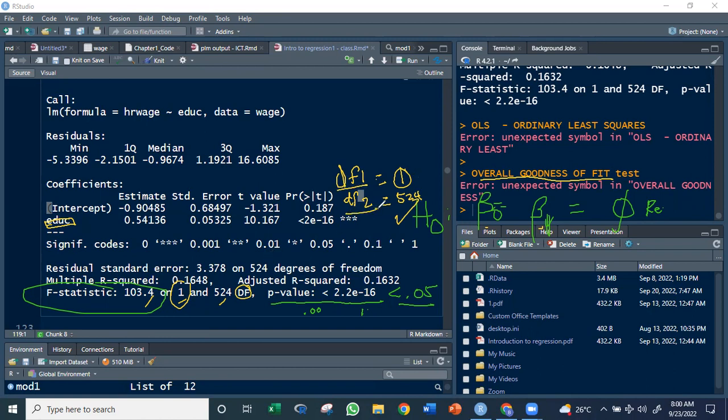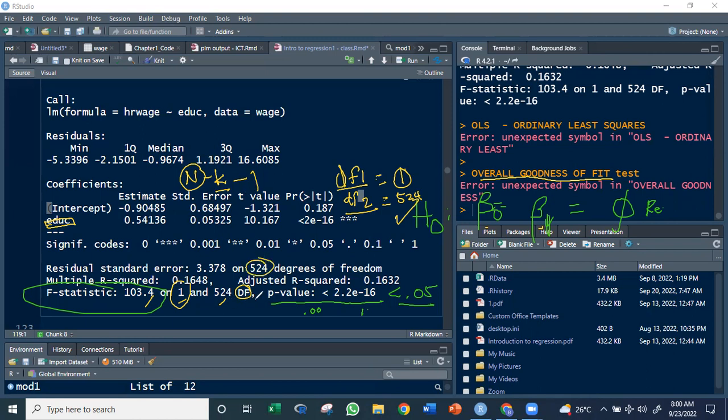Tapos yung degree of freedom 2, so that's your n minus k minus 1, di ba? Where n refers to your number of observations, which is 526, minus k, which is your degree of freedom 1, and then minus 1. So 526 minus 1 minus 1, that's your 524.